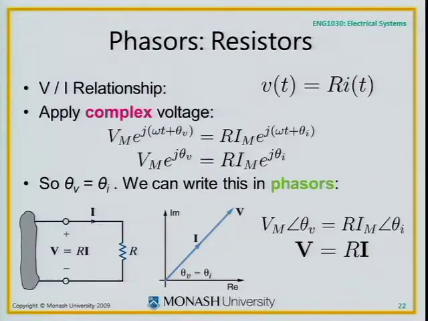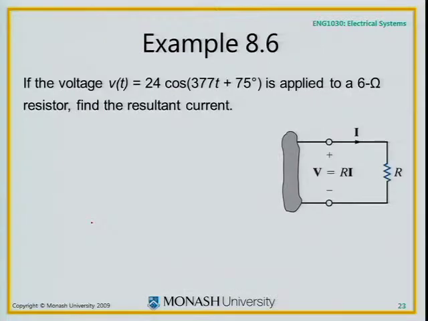So that's what I've said. Now this example will seem a bit silly because you could do it instantaneously without phasors. But we'll just work through to show you the way to do it in the phasor domain. I'm told V of t up here as a time domain signal. And I put it through a 6 ohm resistor and I want to find the current.